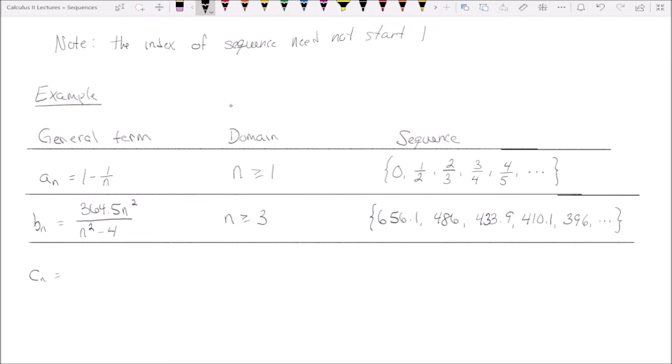The third sequence has general term cosine of n pi over 2, and our integers are greater than or equal to 0. And the sequence is 1, 0, negative 1, 0, 1, 0, so on and so forth.